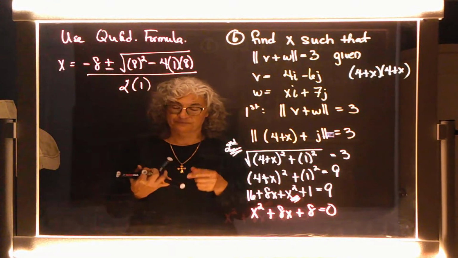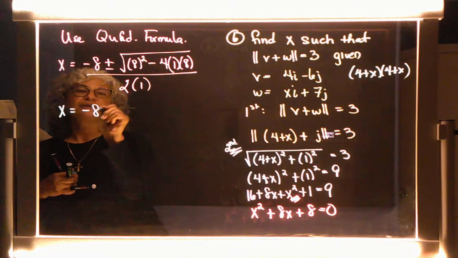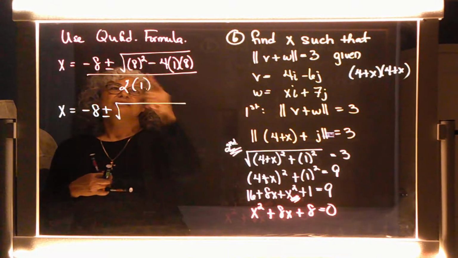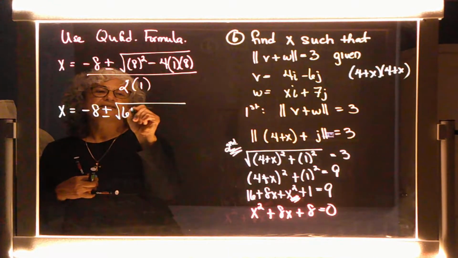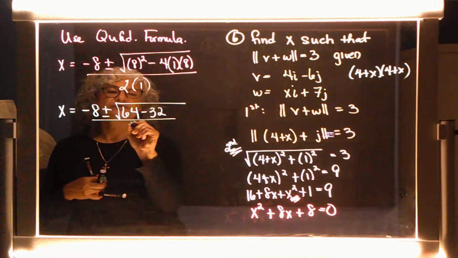Good. So, x equals negative 8 plus or minus 8 squared, 64, minus the 32, all over 2.